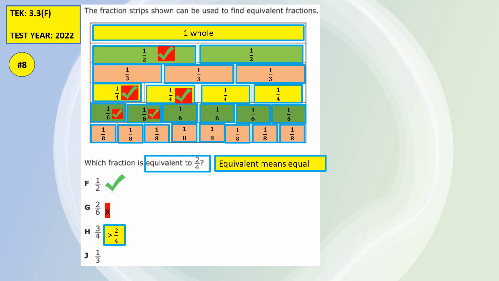Well, that's definitely not going to work because 3/4 is actually bigger than 2/4. And answer choice J is 1/3. And 1/3 is actually smaller than 2/4 if you look at it. So that's definitely not going to work. So our correct answer is F.